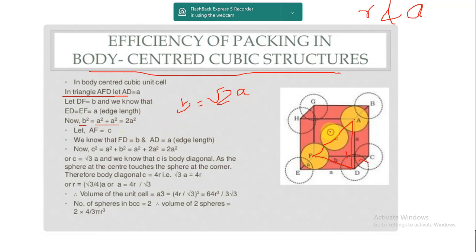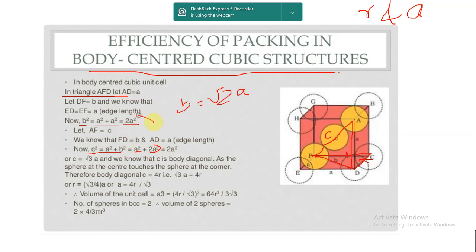Now you see, suppose the length of AF we are calling C. Again apply the Pythagoras theorem in this triangle AFD. So C square equals B square plus A square. And what is B square? We calculated from the other triangle that B square equals A square plus A square, which is 2A square.